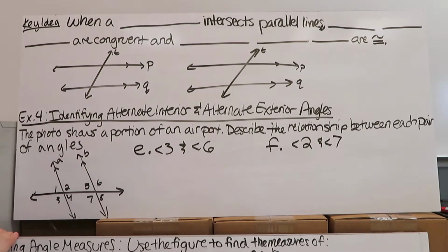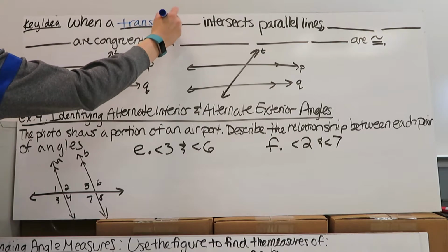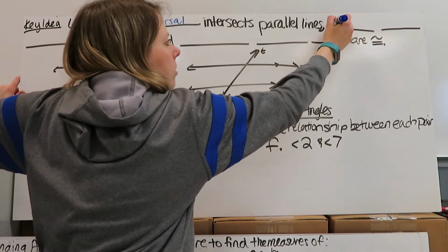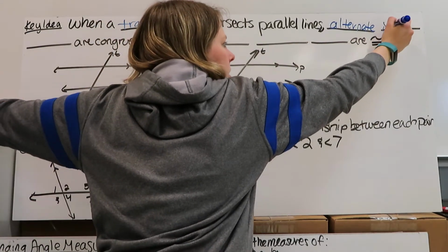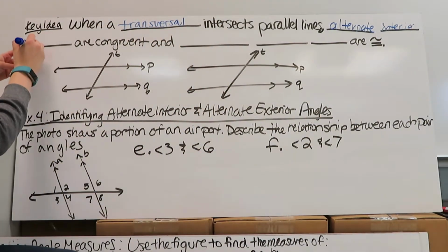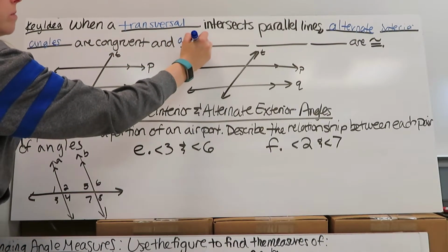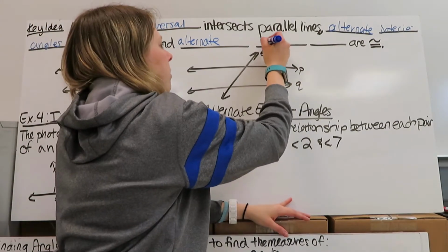When a transversal intersects parallel lines, alternate interior angles are congruent. And alternate exterior angles are congruent.